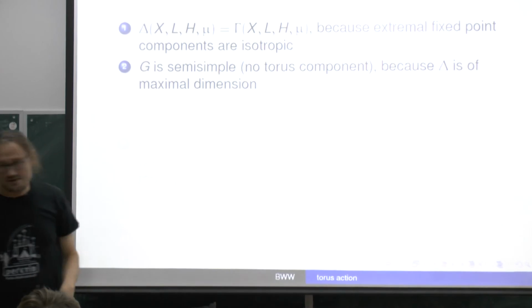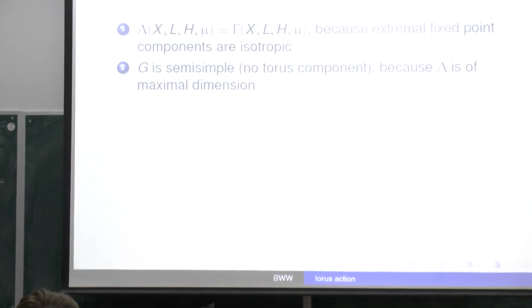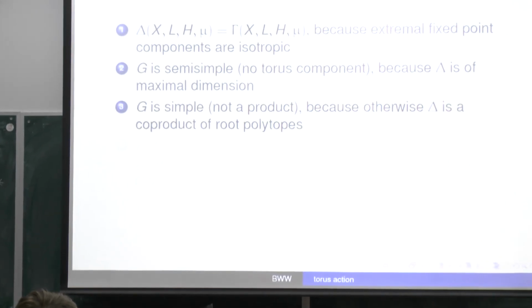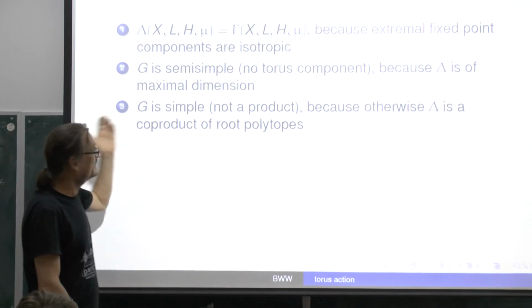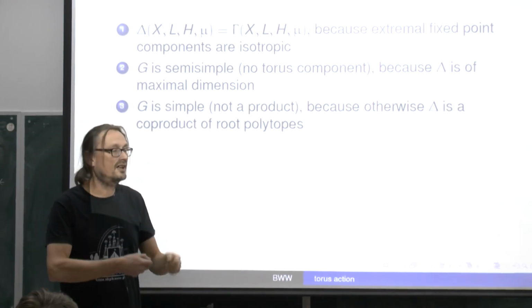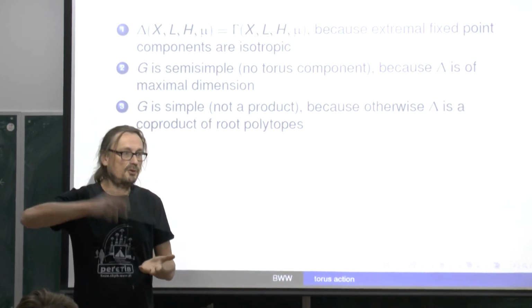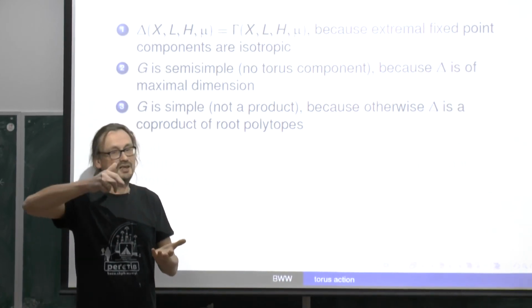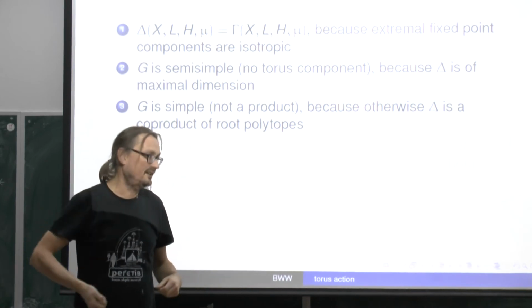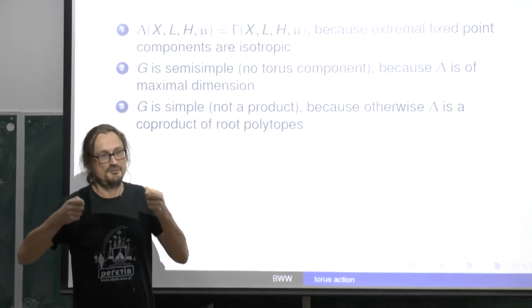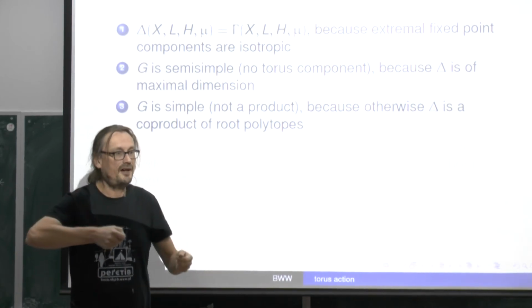The next reduction is to the simple case, essentially because if it's simple, then this is the product of the root polytopes. A root polytope is a polytope which is spanned by the roots in the space of the weights of the simple group. And then you just verify.